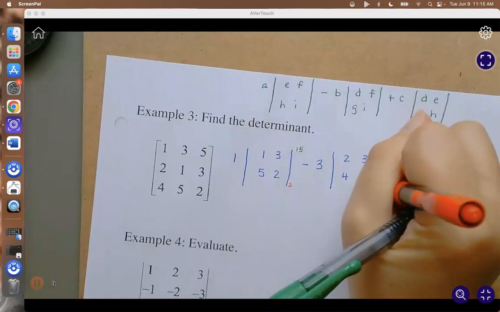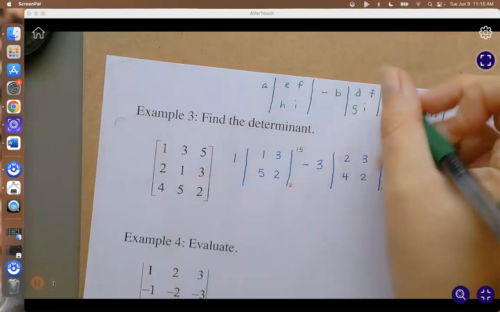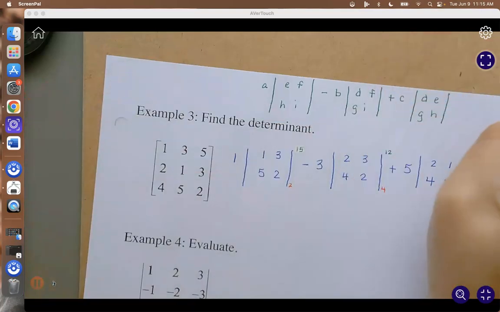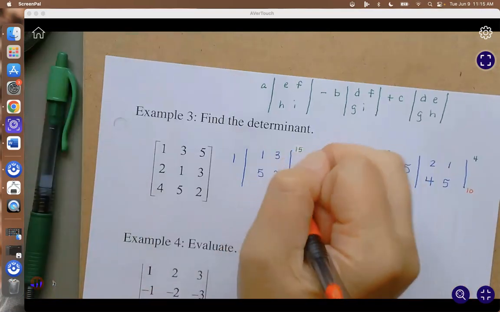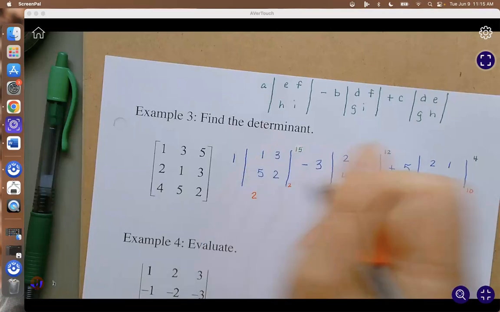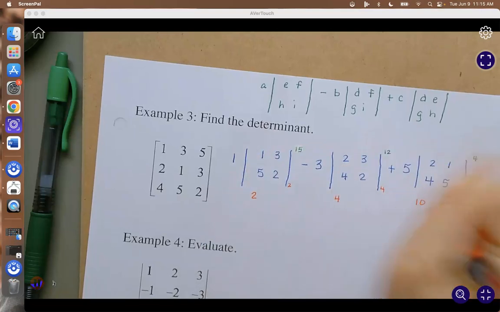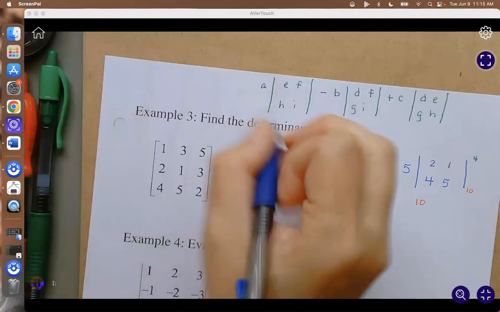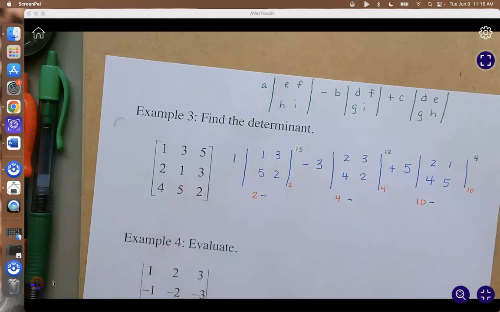Okay, this is a 4 here, that's a 10 there, so I can do all my reds. Then that's a 12, and that's a 4. Alright, so here we go. We got 2, 4, 10. Minus, minus, minus.